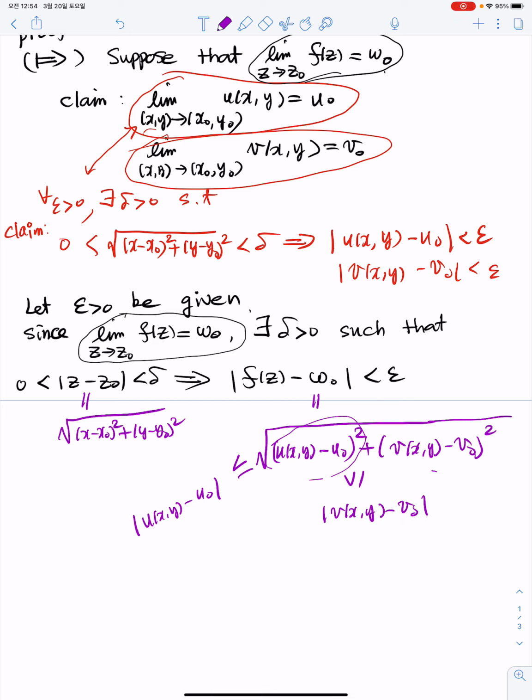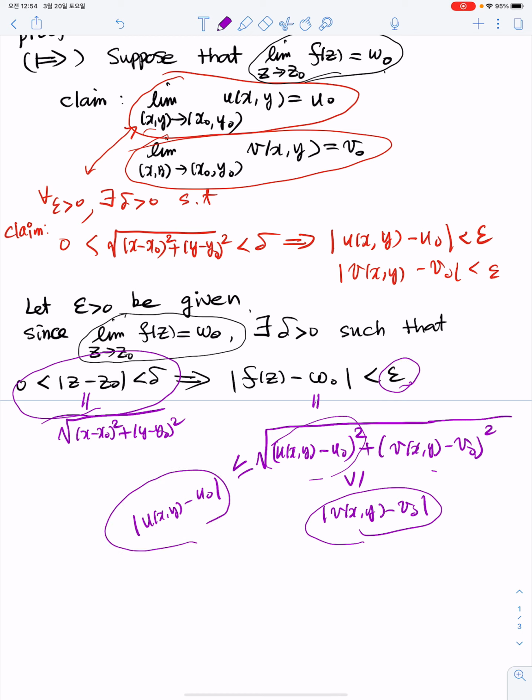So from here you obtain this. Whenever this is true, this guy is less than epsilon, this guy is also less than epsilon.